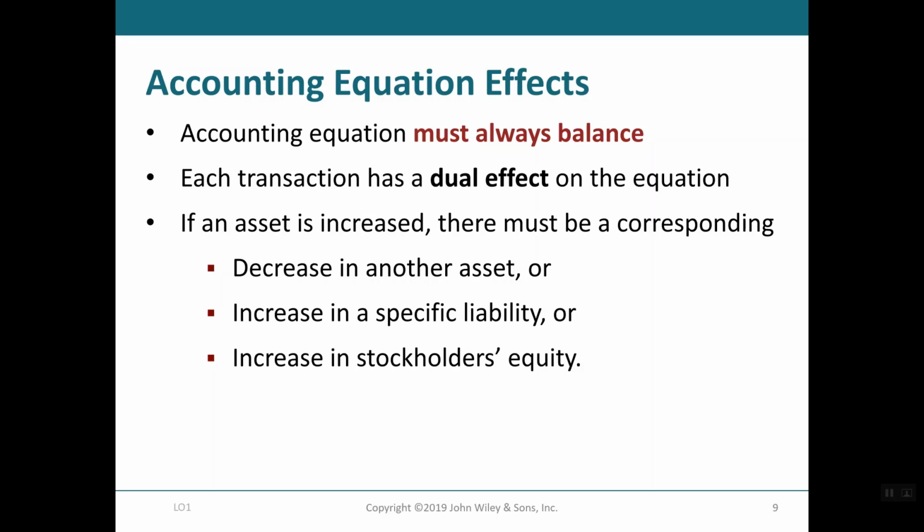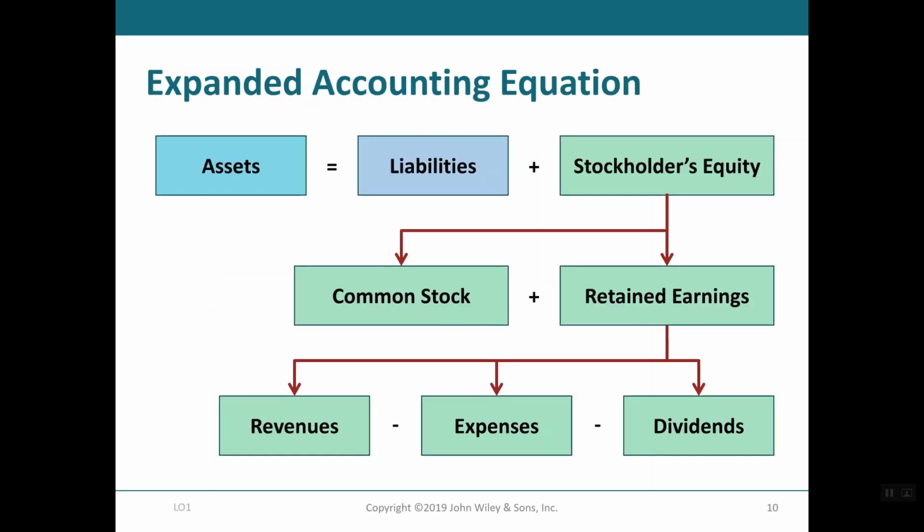So if an asset is increased, there must be a corresponding decrease in another asset, or an increase in a specific liability, or an increase in stockholders' equity. Either of these three. So one asset increases, another asset may be decreasing, a liability may be increasing, or stockholders' equity may be increasing.